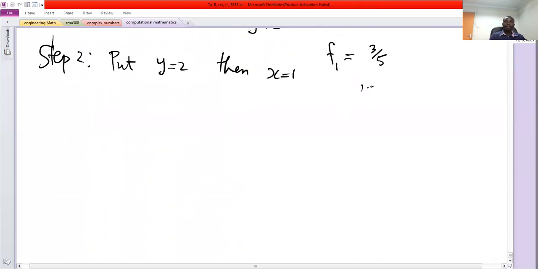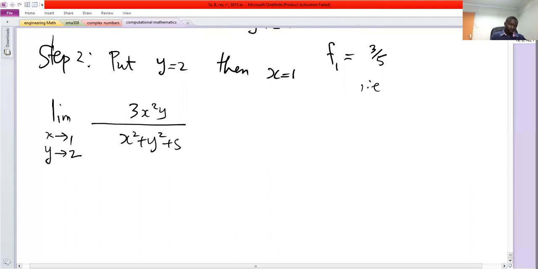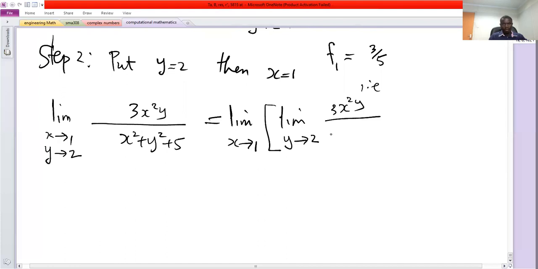That is, the limit x approaching 1, y approaching 2, the function is 3x squared y over x squared plus y squared plus 5, will be limit x approaches 1 of limit y approaches 2 of 3x squared y over x squared plus y squared plus 5.